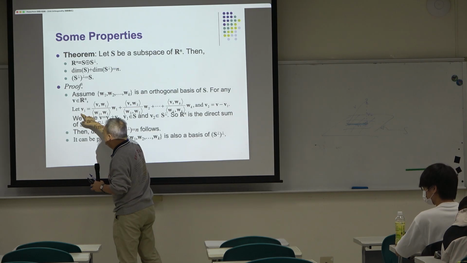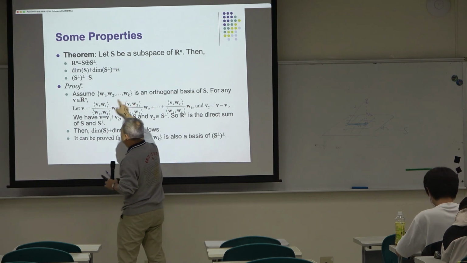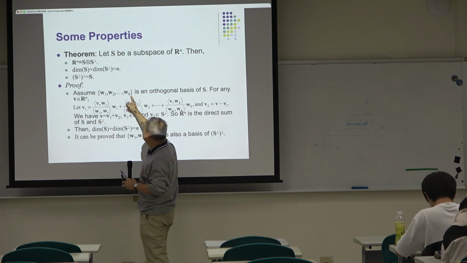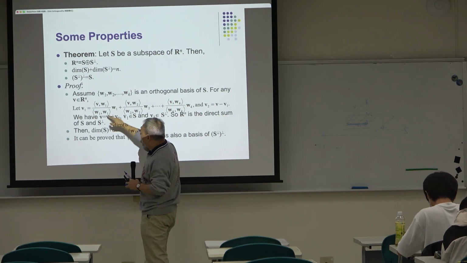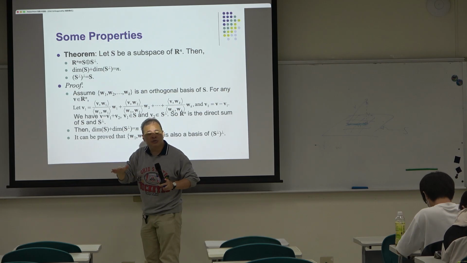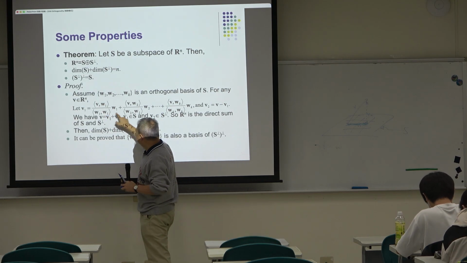We already used this idea, but because here it's an orthogonal basis, we have to keep this denominator. But if they are orthonormal, each of these will be 1.